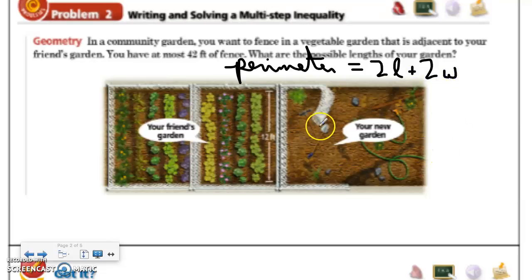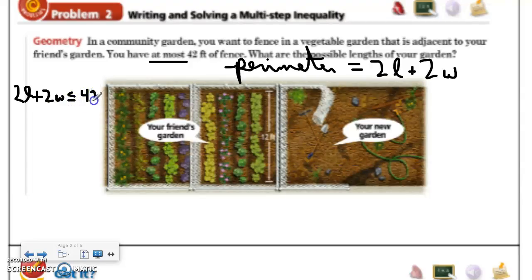And if I have 42 feet of fence at most, it means I can't use more than that. I could use exactly 42, but I can't use any more, which means it's going to be less than or equal to 42. So this situation right here, 2L plus 2W is less than or equal to 42.